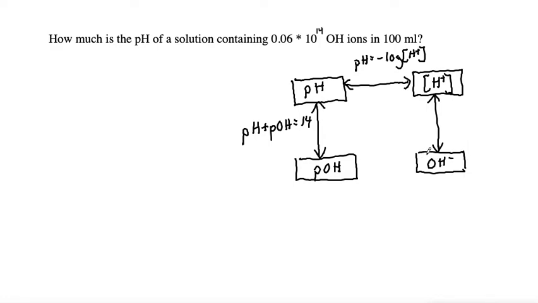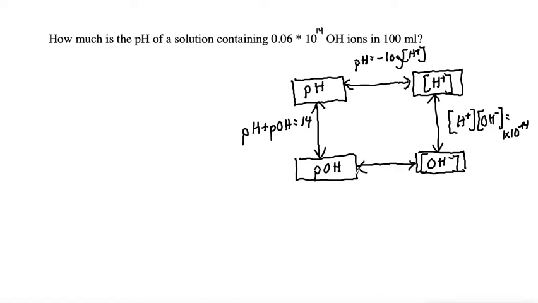There's a relationship between the concentration of H⁺ and OH⁻ ions that says the concentration of H⁺ ions times the concentration of OH⁻ ions is equal to 1 times 10 to the negative 14. So we have this relationship between OH⁻ ion concentration and the H⁺ ion concentration.